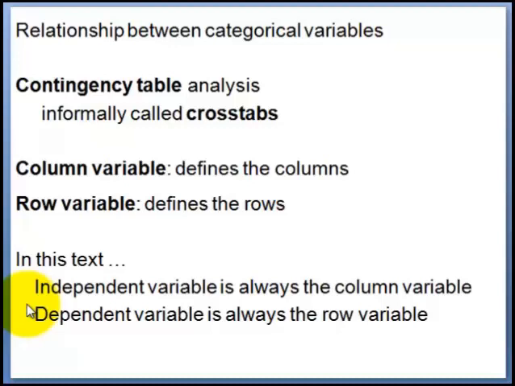But in this text, I always make the independent variable, the one presumably doing the affecting, the column variable, and I always make the dependent variable, the one that is affected, the one that is caused by the other, the row variable.